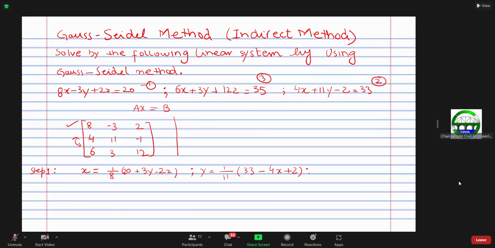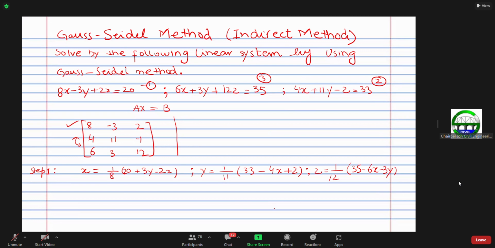And my z value is equals to 1/12 of 35 minus 6x minus 3y.